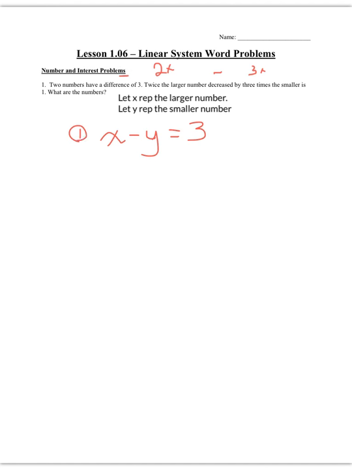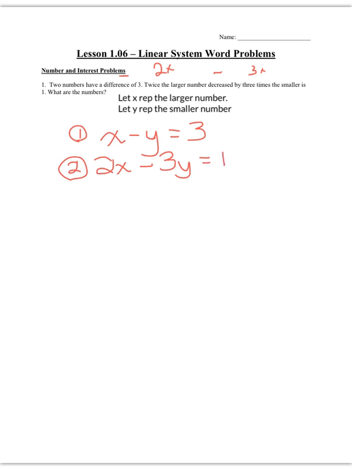So two numbers have a difference of 3. The next equation is the other relationship that we're given. It says twice the larger number, so 2 times the larger number, decreased by 3 times the smaller, so minus 3 times the smaller number, is equal to 1.